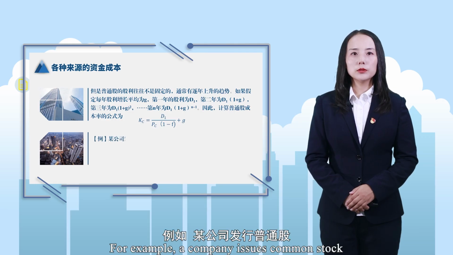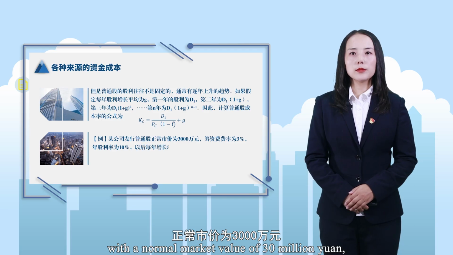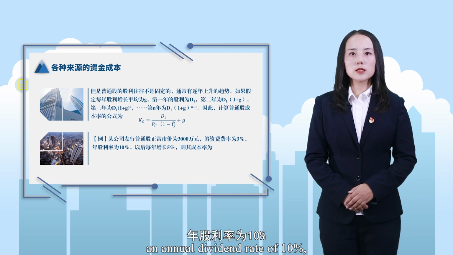For example, a company issues common stock with a normal market value of 30 million yuan, a fundraising expense ratio of 3%, an annual dividend rate of 10%, and an annual growth rate of 5%.